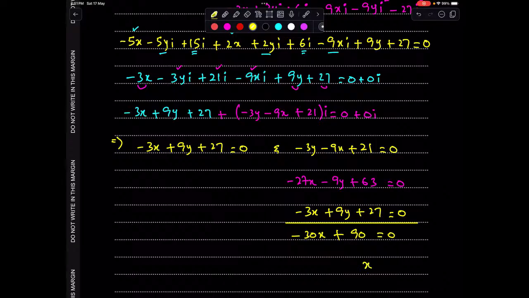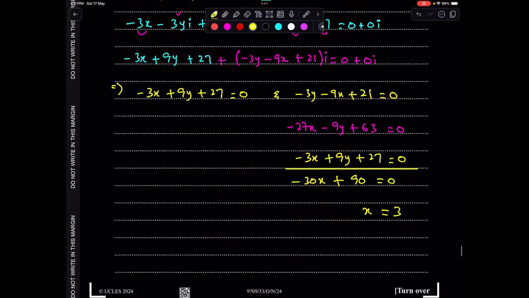Therefore x is 3 and y would be, when we will substitute 3 here, we will get minus 2.